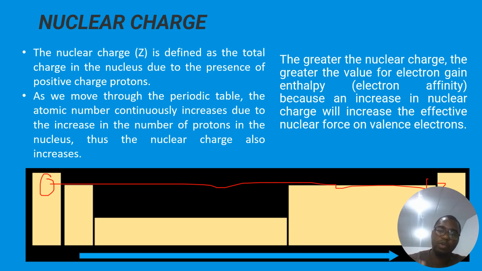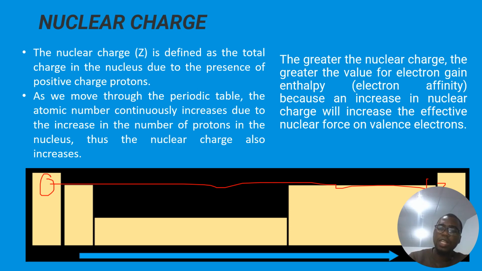In fact, if you remember your IGCSE very well, we discovered that the way they had arranged the elements on the periodic table was according to increasing atomic number. So as you move from left to right, the number of protons was increasing. If the number of protons is increasing, meaning the positive charge is increasing, hence the nuclear charge is also increasing.